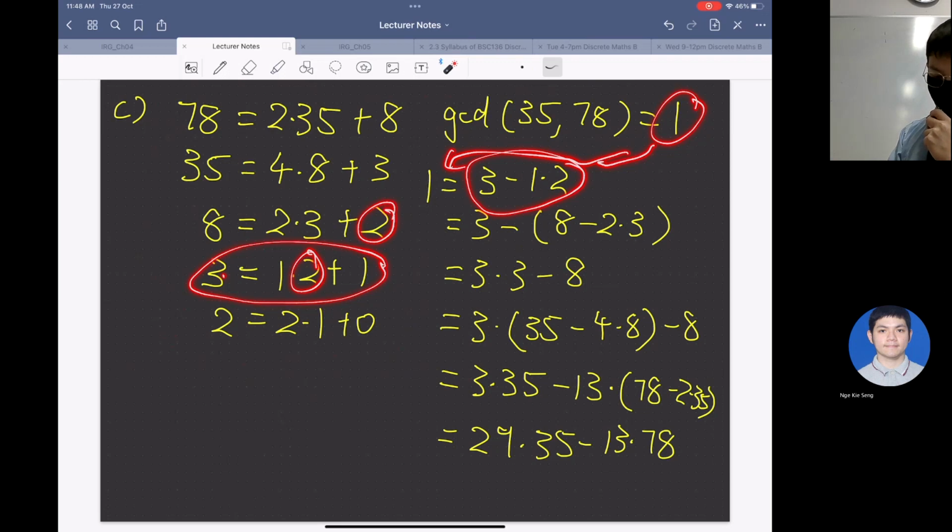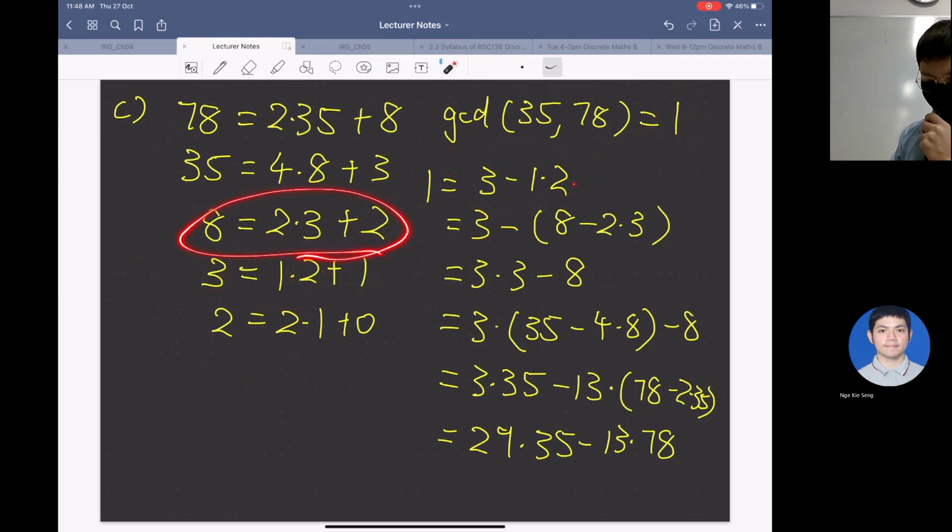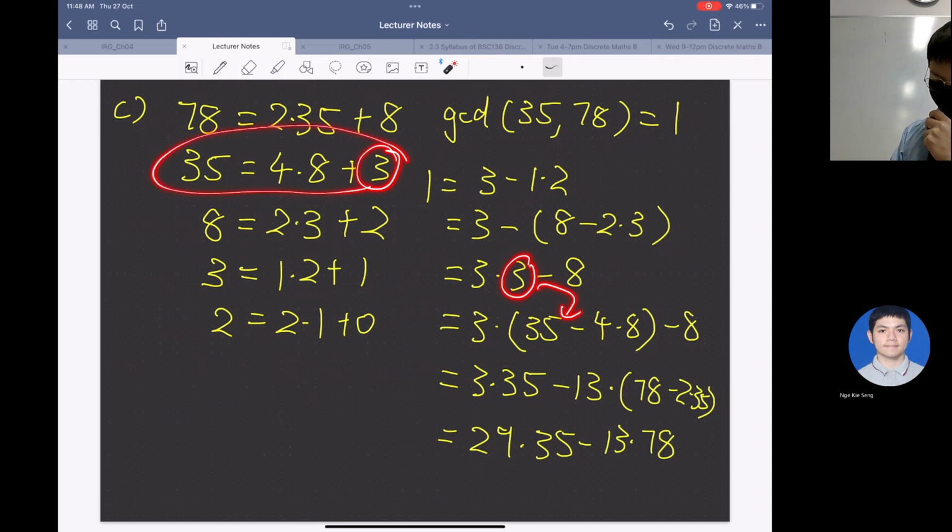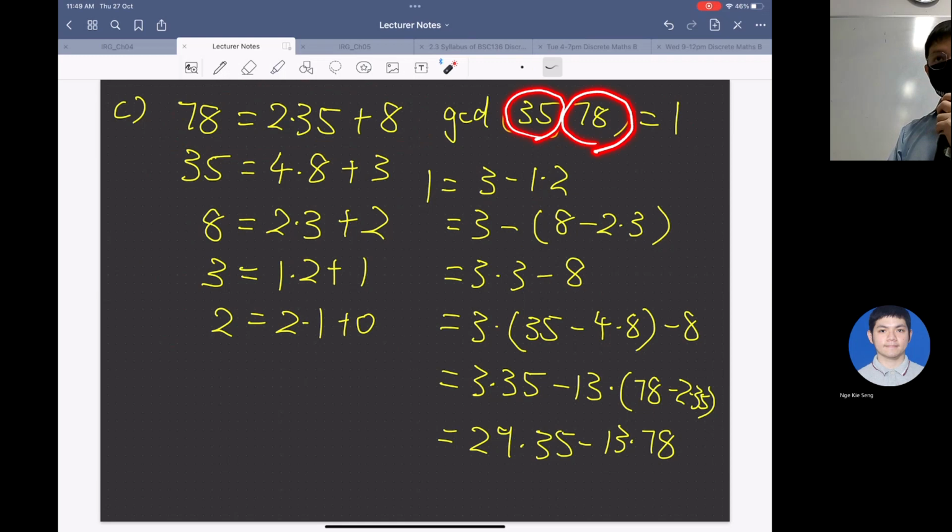And then 2 is the remainder of the previous equation, and then keep going, finding the remainder and substituting back into the previous equation, until you reach the first equation, where you start with 35 and 78, so that you can write the GCD as a linear combination of 35 and 78.